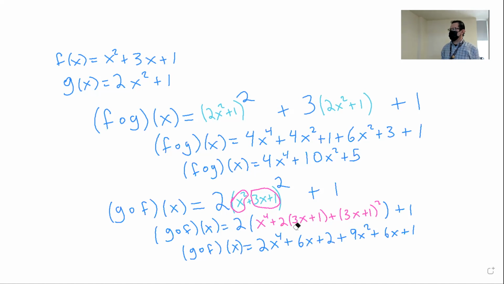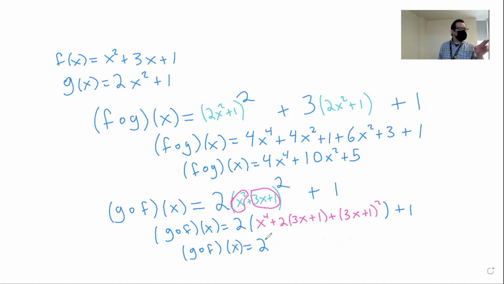Just give me a moment. All of this is multiplied by 2. I forgot about that. And we're going to verify the signs in a little bit.